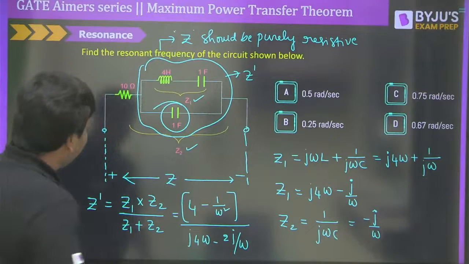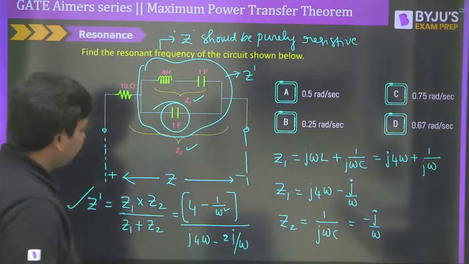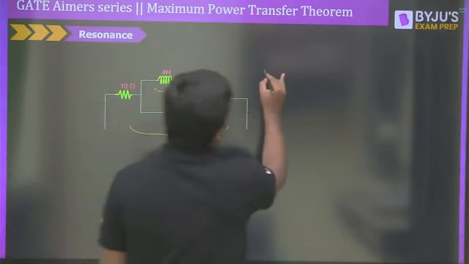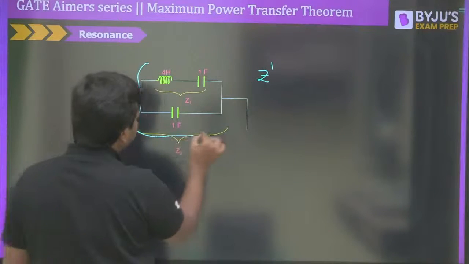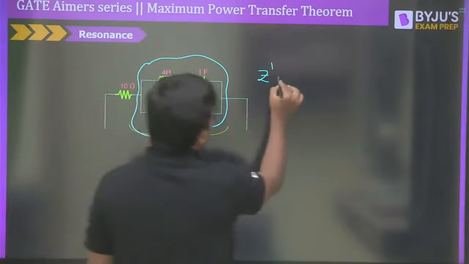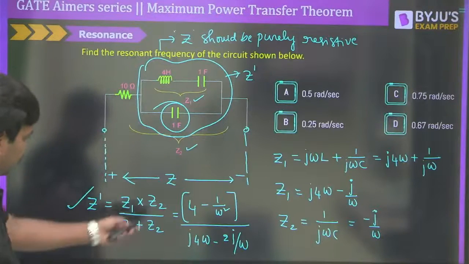So, Z dash we have calculated now after a lot of hard work. Now, what is the Z value here? So, Z dash, let me write down. Z dash means the overall parallel combination here. Overall parallel combination, how much did we get? Z dash, just look at the previous one.